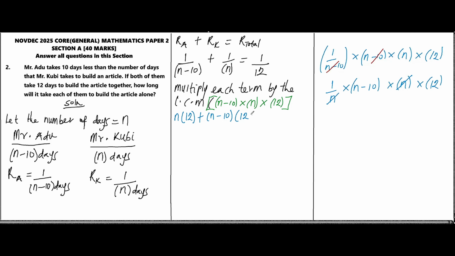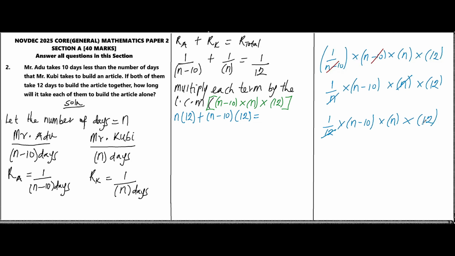That is for the second term, and this must be equal to the third term, we have 1 out of 12 multiplying n minus 10 multiplying n multiplying 12, the LCM.